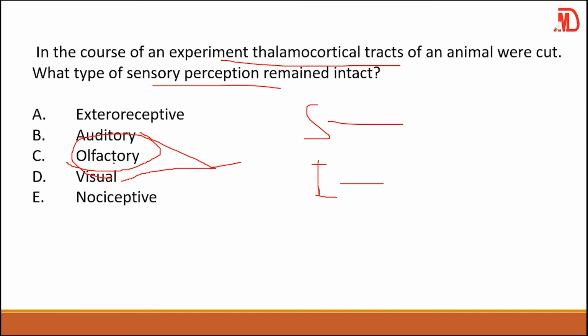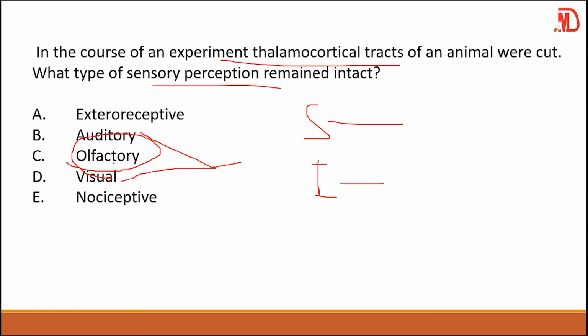Now, briefly, let me give you the pathway for the olfactory nerve. We have the olfactory receptor cells, which give rise to the olfactory nerve. From the olfactory nerve, we have the olfactory bulb. From the olfactory bulb, the olfactory tract. From the olfactory tract, the olfactory stria.